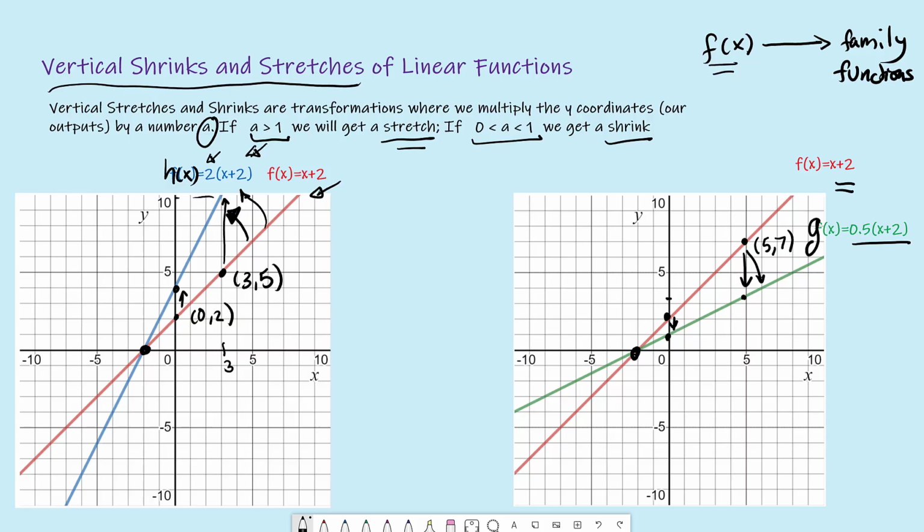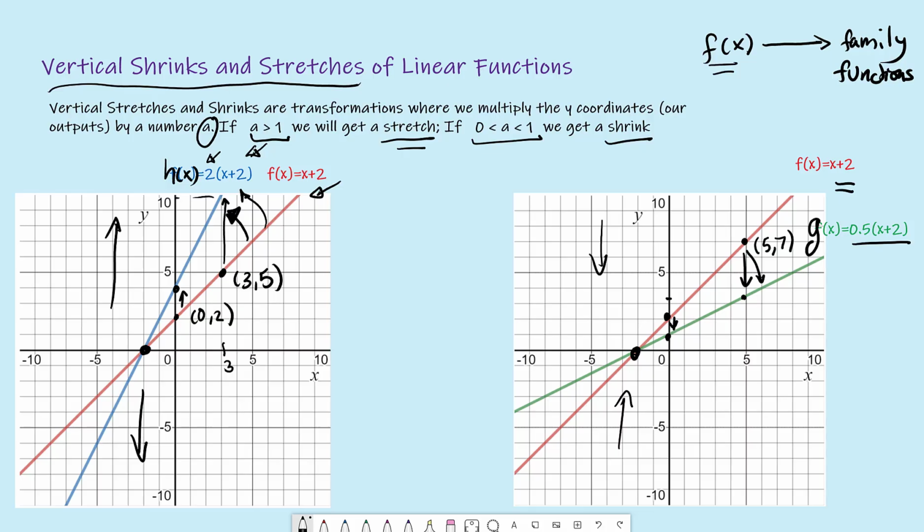It's like our entire graph is shrinking towards the 0 of the y-axis. In the stretch case, our graph is stretching towards the y-axis or away, shrinking away from the x-axis.